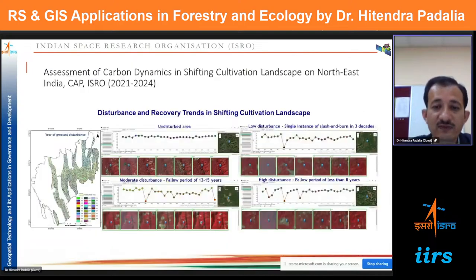Then another aspect is changes in the forest due to activities like shifting cultivation, where you cut the forest at different time durations.